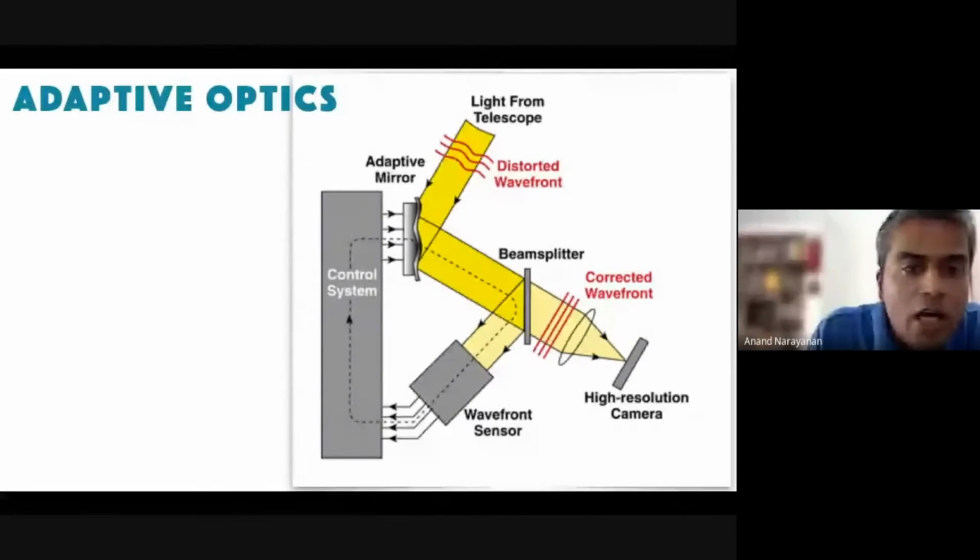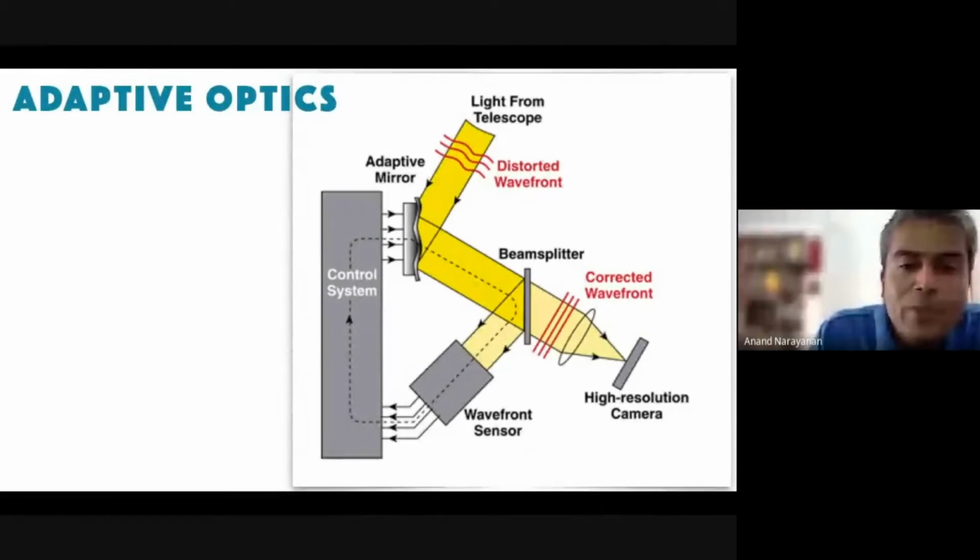What the adaptive optics system does is, the two main components are, one, something called an adaptive mirror, which is also called a deformable mirror. This deformable mirror is made of a very thin sheet of glass with a diameter of a few inches, and attached to the back of it are a set of actuator devices.